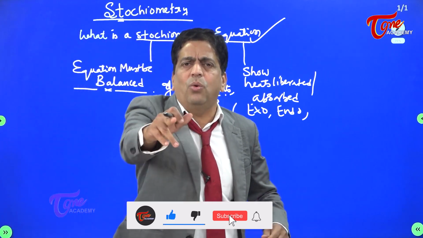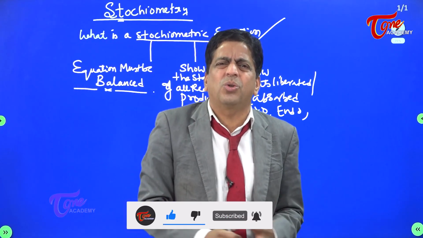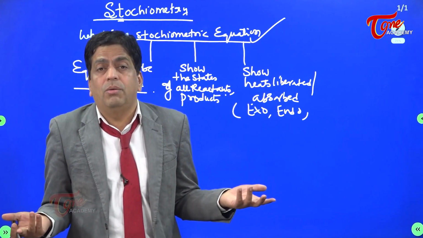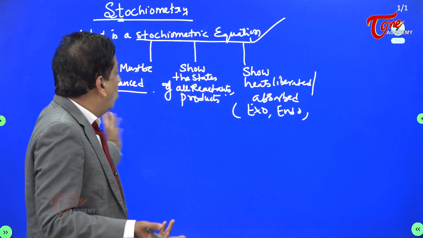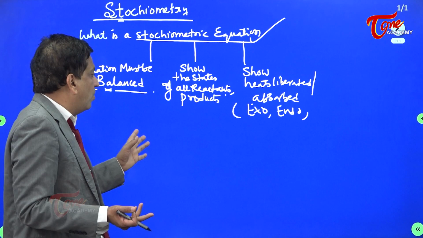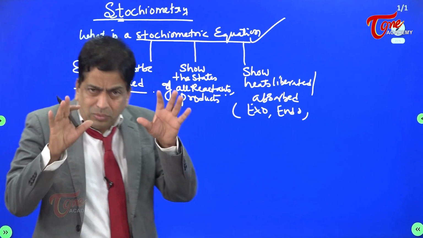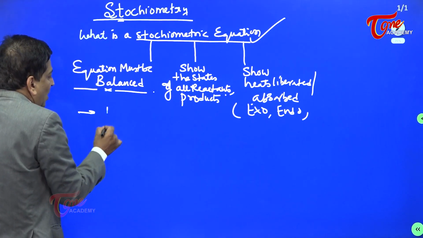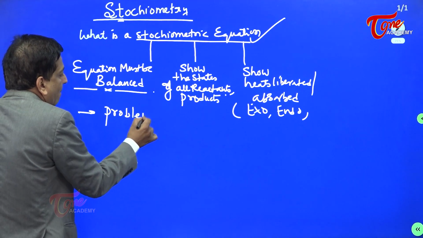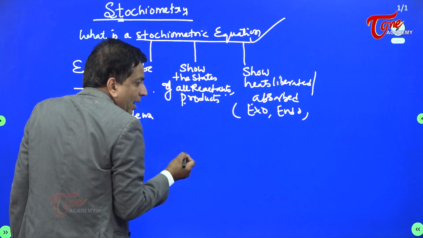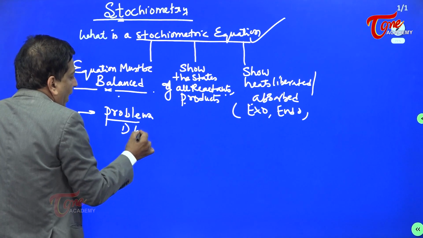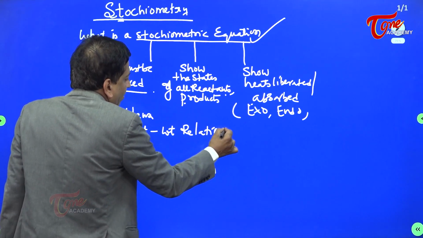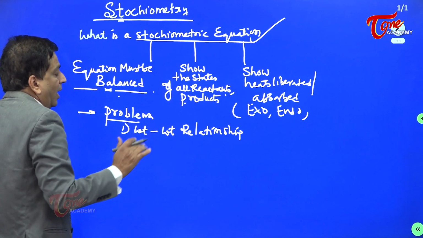Now, people might ask me, why are you worried about a good stoichiometric equation? What is it I wanted to do with it? You wanted a balanced equation, with the states of reactants and products. Once you have a very good stoichiometric equation, then you can have problems on weight relationships, because everything is there before me.